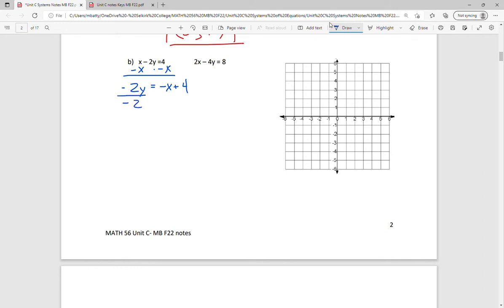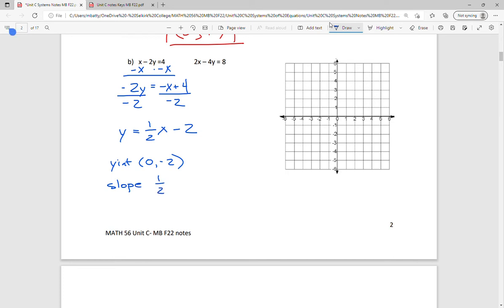Divide by negative 2 on both sides. I get y equaling some funky business here with the fractions. I'd have a positive 1/2 x minus 2. So my y-intercept would be 0 and negative 2, and my slope is going to be 1 over 2.